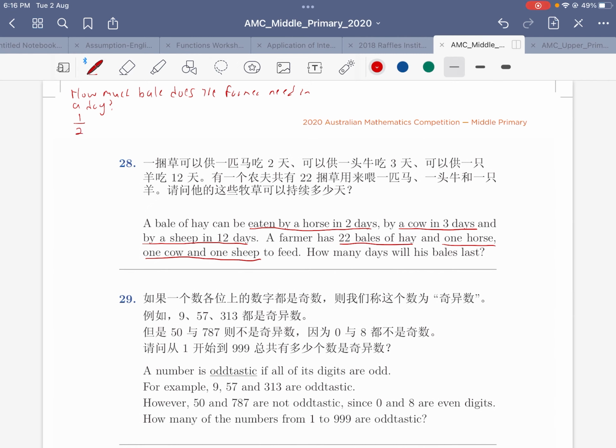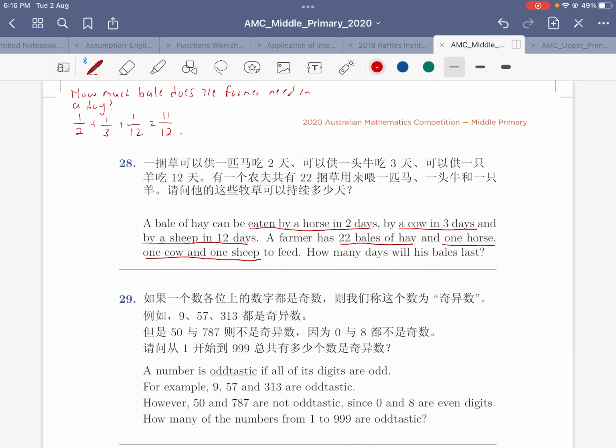Same idea goes for a cow. If a cow takes 3 days to consume a bale of hay, it's going to take 1/3 per day. Same idea goes for the sheep, which is 1/12. So by adding all these numbers up, we'll get a final value of 11/12.